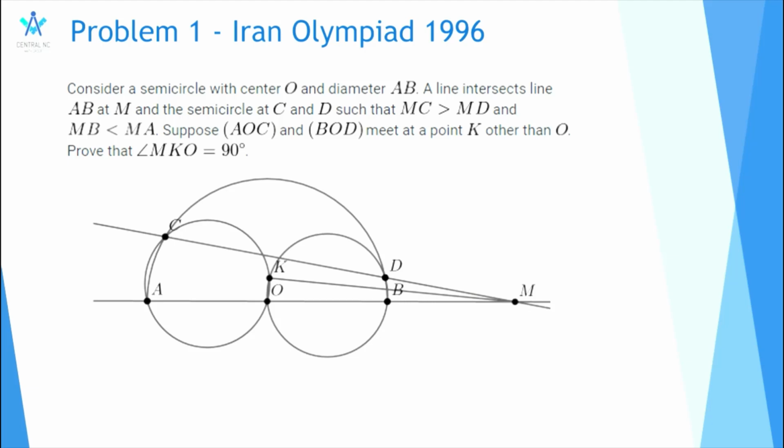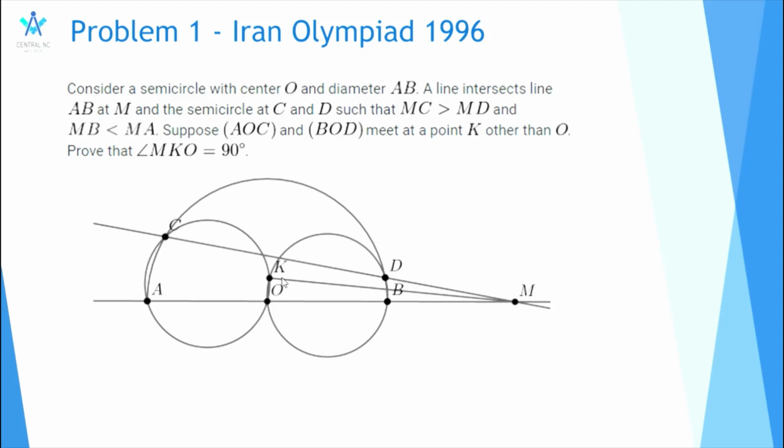At first, this looks like an angle chasing or radical axes problem, but it might be a bit hard to see. First of all, where are the radical axes? AOC, BOD, we have OK as the radical axis, but how are we going to prove this perpendicular to MK?